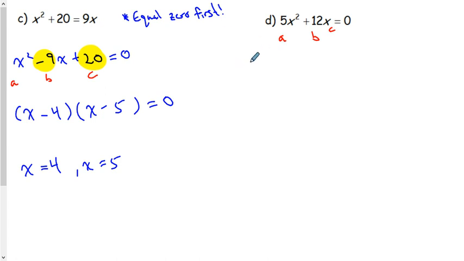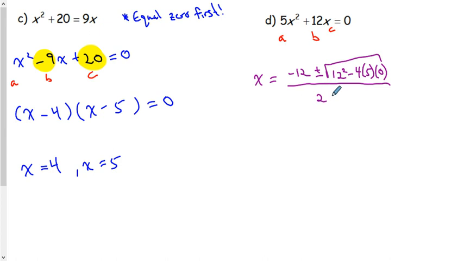Here we go. So we're going to say x is equal to negative b, so negative 12, plus or minus the square root of b squared. So that's going to be 12 squared minus 4, a is 5, c is 0, all over 2 times a is 5.